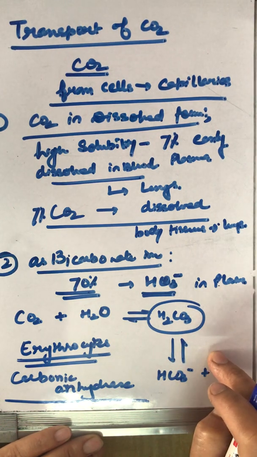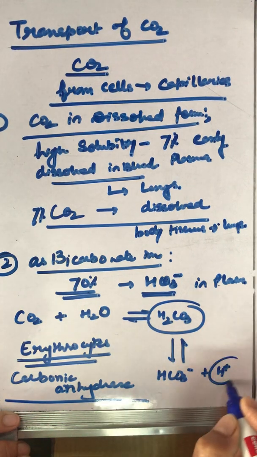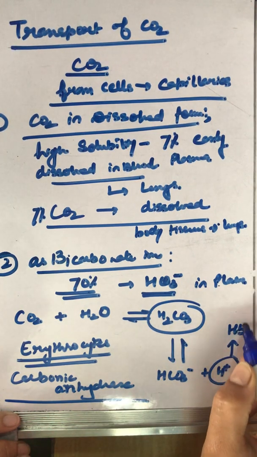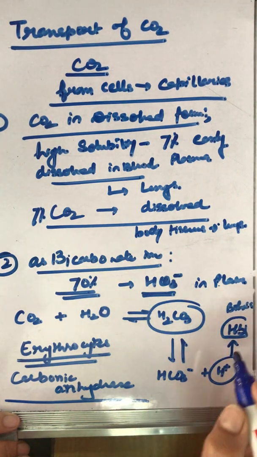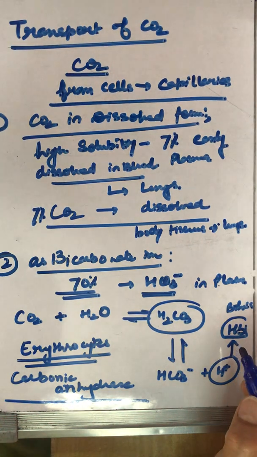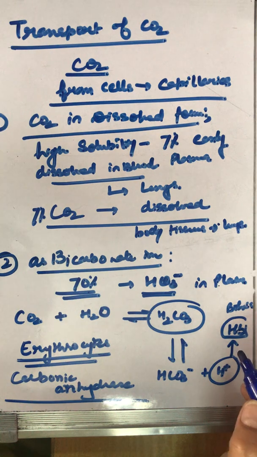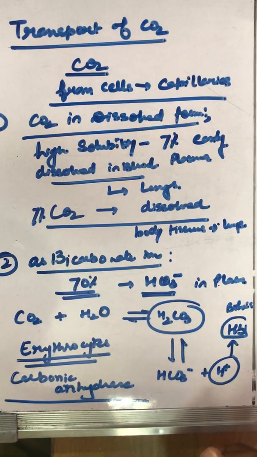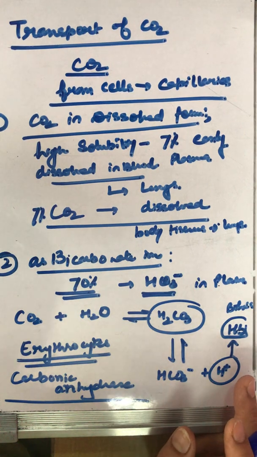this reaction. This hydrogen quickly binds to hemoglobin and triggers the Bohr's effect. Remember the Bohr's effect? So it triggers Bohr's effect, and ultimately the transportation of CO2 into the alveoli takes place. Oxygen is released, and automatically CO2 loading can be done effectively.